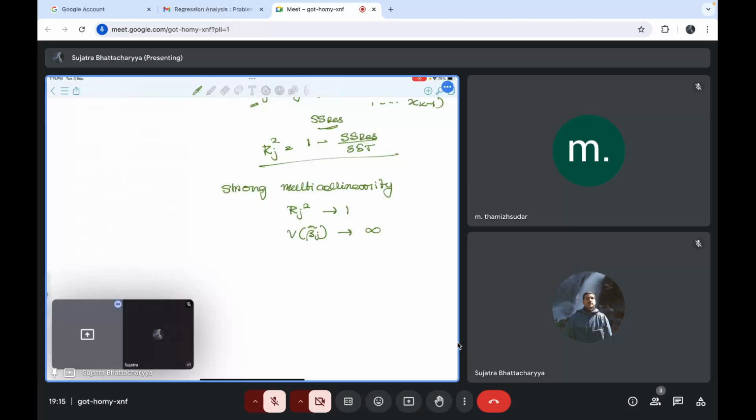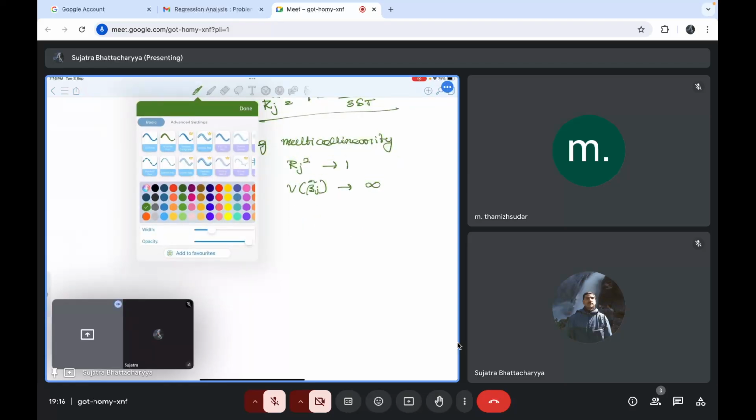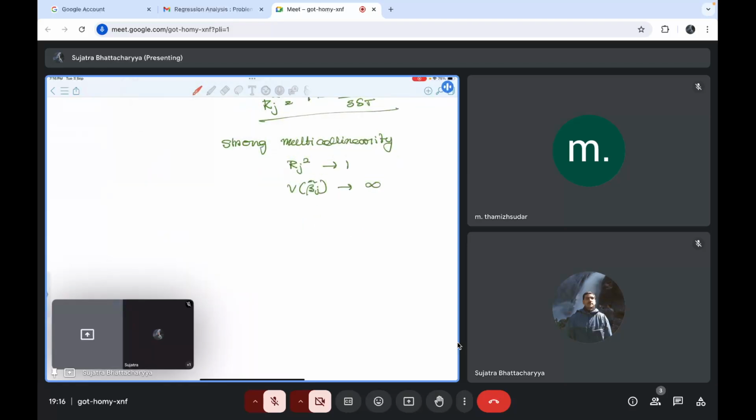So when we have talked about this, let's go to a criterion. This is one of the criteria, the detection criteria.